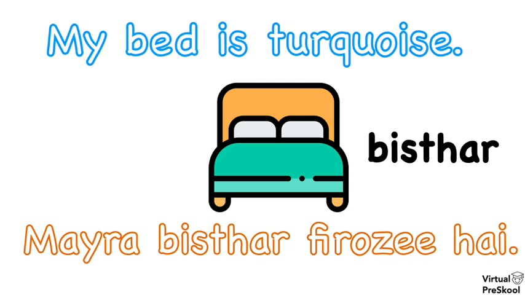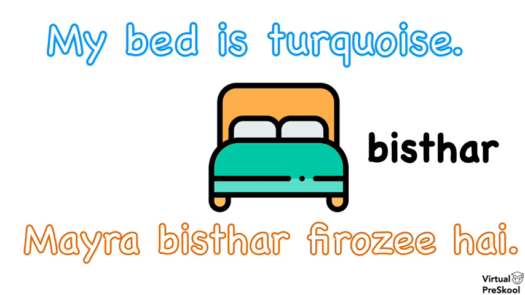And I'm sorry if this is complicated and confusing. I totally understand if you feel that way. But this is just how the Hindi rules were created. Firozi is the color, turquoise. So all of the adjectives that end with an E sound never change. It doesn't matter if the noun is a pull or stri noun. The adjectives that end with an E sound or any other sound except for a never change.